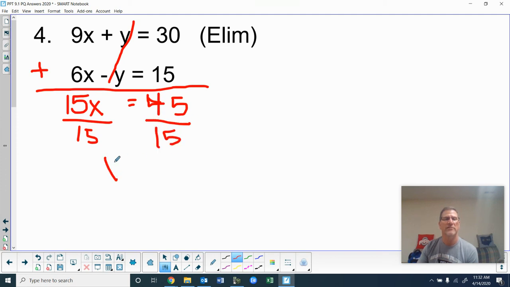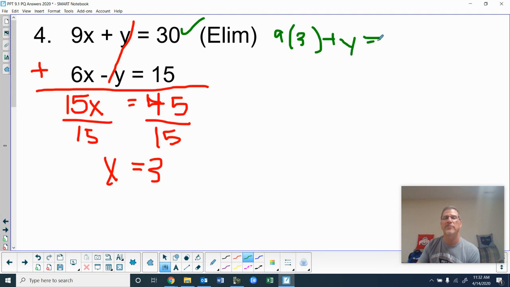Again, we're not finished. We've got to find what y equals. I'm just going to go up in the top one this time. All right, so x is 3, so 9 times 3 plus y equals 30.